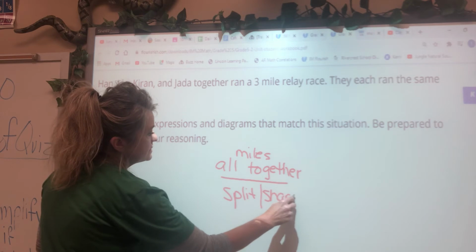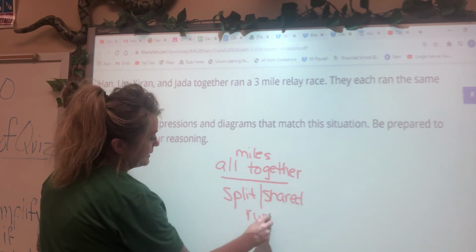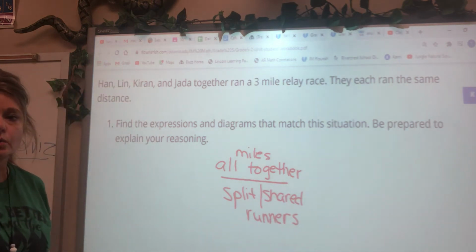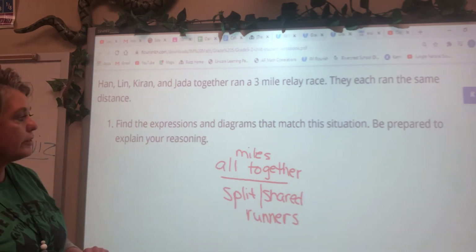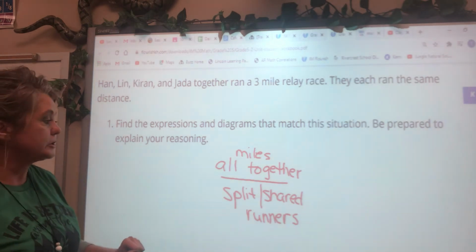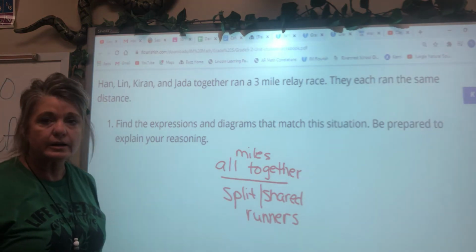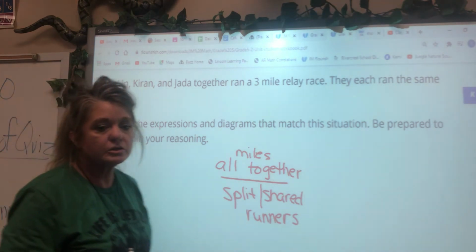So in this case, it was being split and shared by a number of runners. So look through your card sorts and see which one, if we're talking about all the miles all together would be on top of our fraction, and how many times it was being split or shared by the number of runners. That should help you to get started.